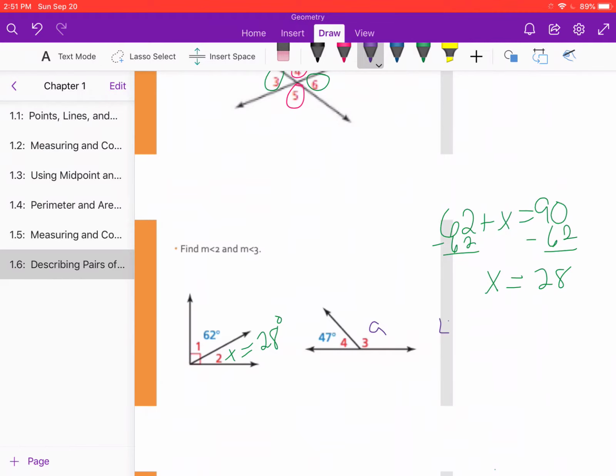So I know that 47 plus A equals 180. So subtract 47, A equals 133. So we have 133 degrees for the measure of angle 3.